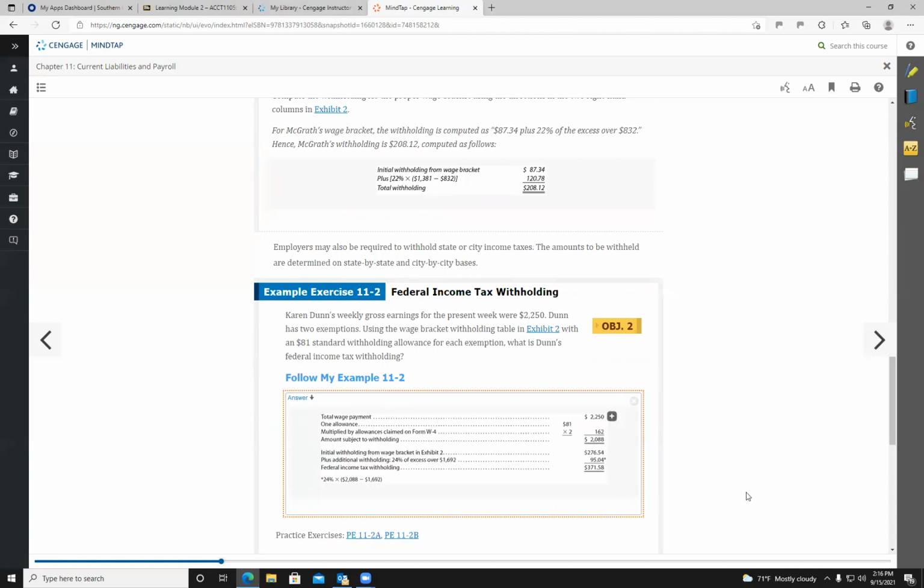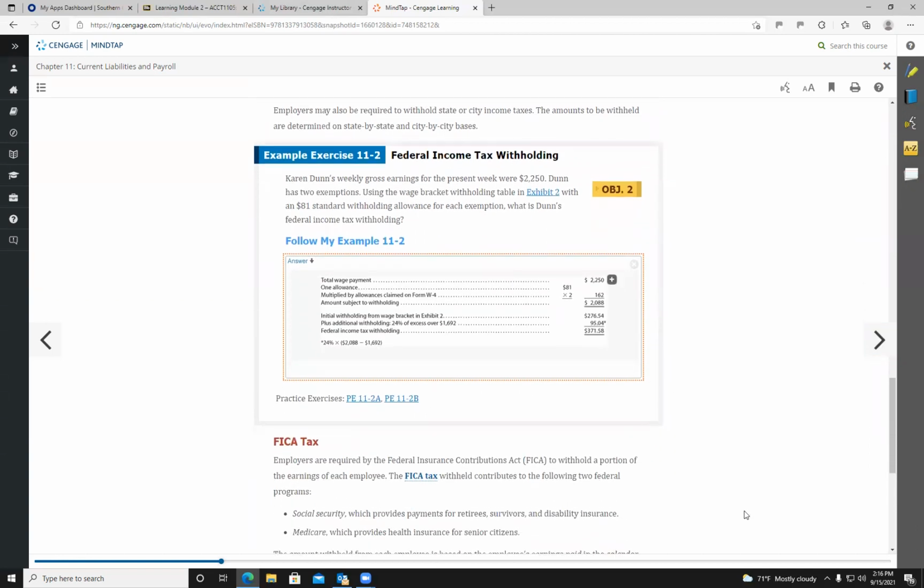Let's open that up and look at it. She has 2 exemptions, so she has 2 allowances. First we multiply that out, and that's 162. We take her total wage payment and subtract out the allowance of 162, so the amount subject to withholding is 2,088.